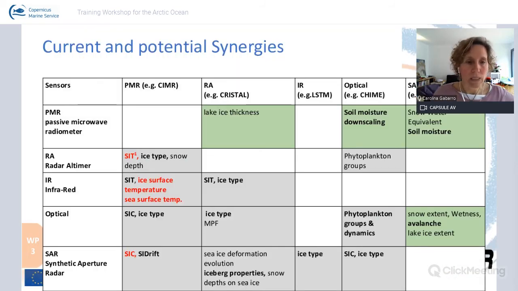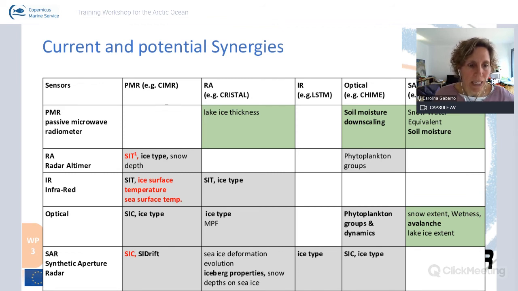In fact, we made this table. You can see that we are talking about types of sensors: passive microwave radiometer, radar altimeter, infrared sensor, optical sensors, and SAR. And we are combining in this table, for example, passive microwave radiometer and radar altimeter. We have lake ice. For combining, we also have sea ice thickness in the complete spectrum of thickness, because we have the thin ice plus the thick ice.